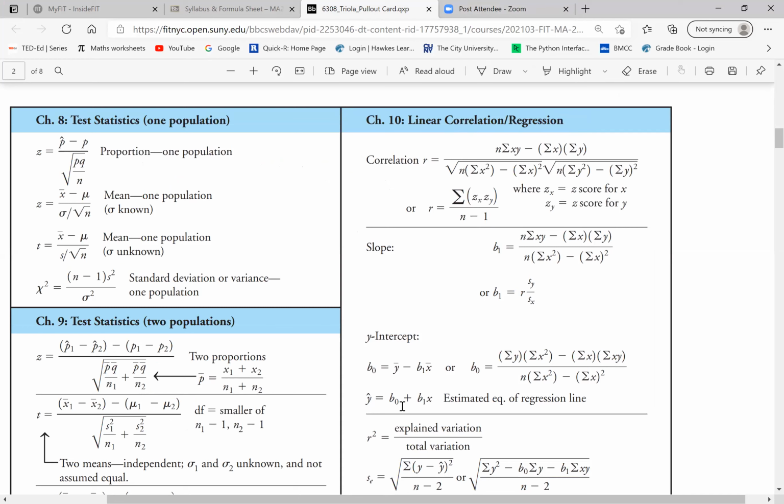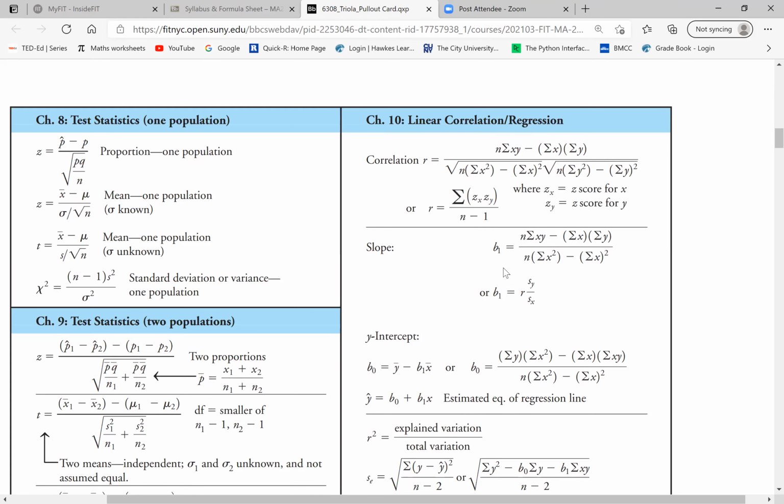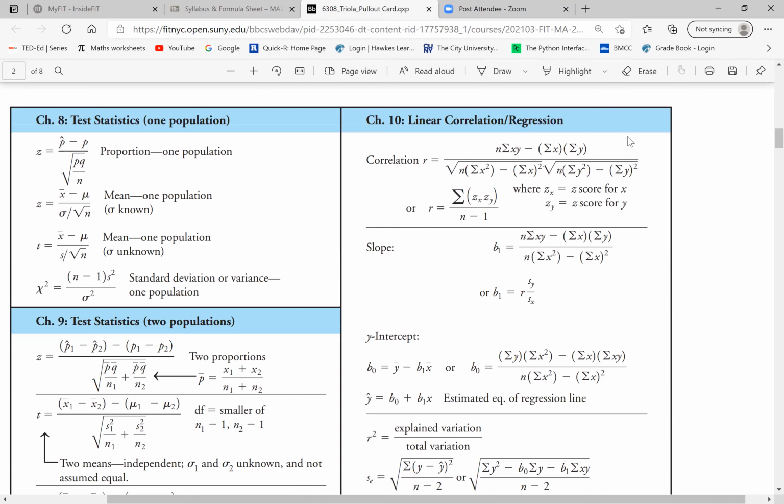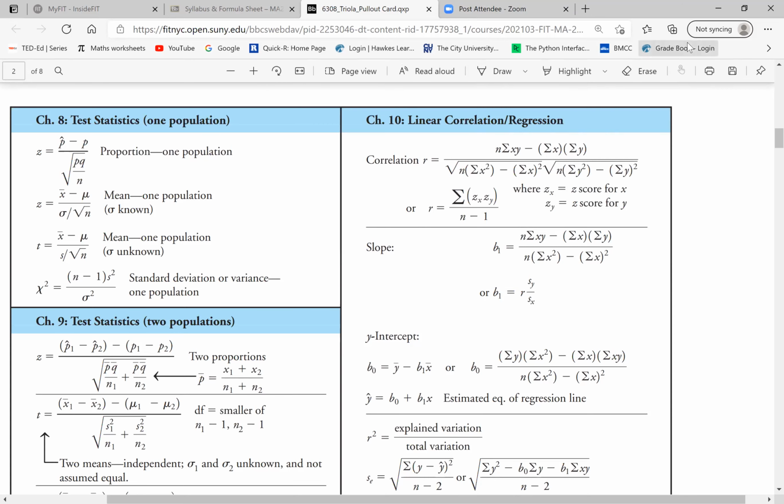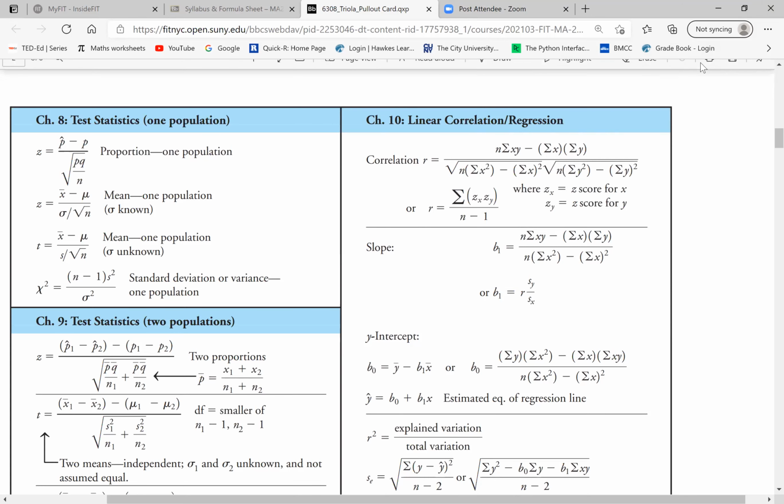This is the regression model. Once you know B0, B1, we come up with a regression model to understand the relationship between those two variables, but we usually start with R to help us understand the strength and direction of the relationship. So now let's start with the calculation part.